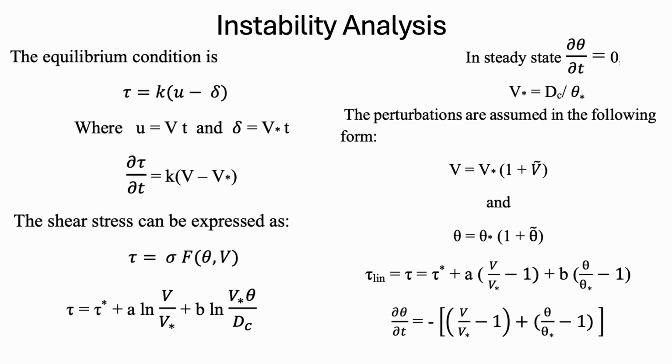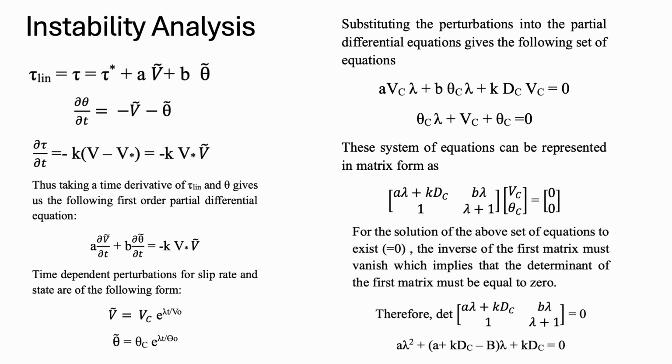And we are rendered by these two equations over here, where tau linearized is equal to tau star plus A (V by V star minus 1) plus B (theta by theta star minus 1), and del theta by del t is equal to minus (V by V star minus 1) plus (theta by theta star minus 1). These last two equations have been generated from Taylor series expansion and then taking only the linear terms. So hence linear instability analysis. Okay. What next?